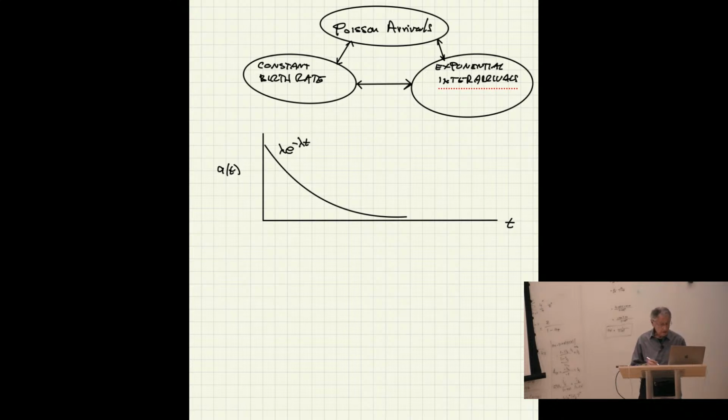Now suppose I told you that it's been t0 seconds since the last arrival and nobody's come in. What's the distribution of time until the next arrival? So if you look here, somehow it's related to this cross-hatched area.